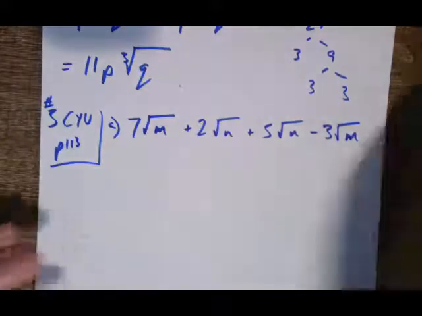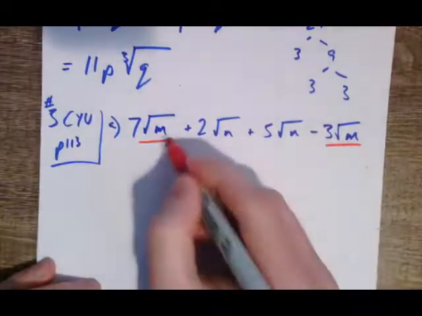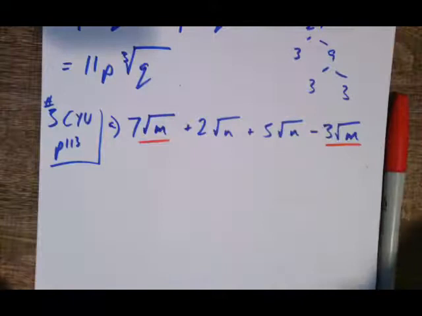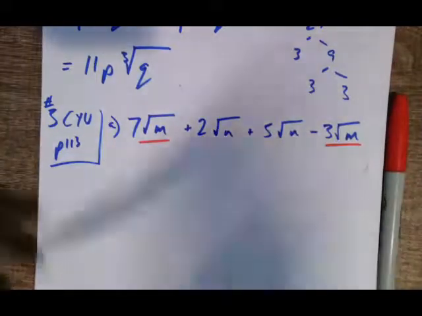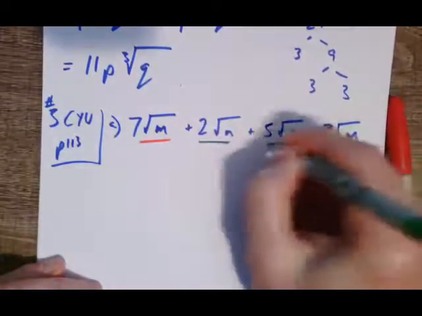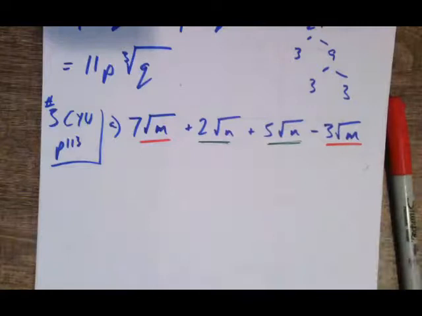Okay, so like terms, root of m, those ones go together. Okay, I don't have a green marker, a green pen. N, it's a root of n, nothing else in there. Collect the green, collect the red.